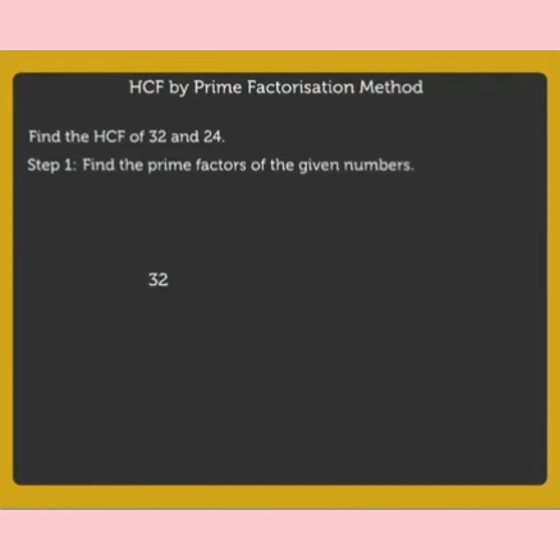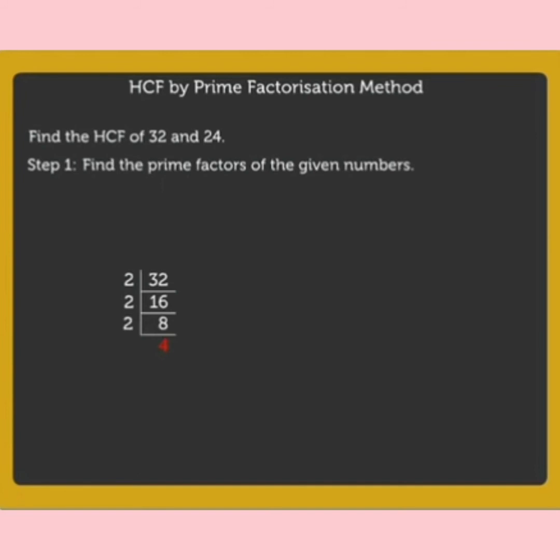First, find the prime factors of 32. Begin with the smallest prime number, 2. Dividing 32 by 2, we get 16. On dividing 16 by 2, we get 8. Again, we divide 8 by 2 to get 4.